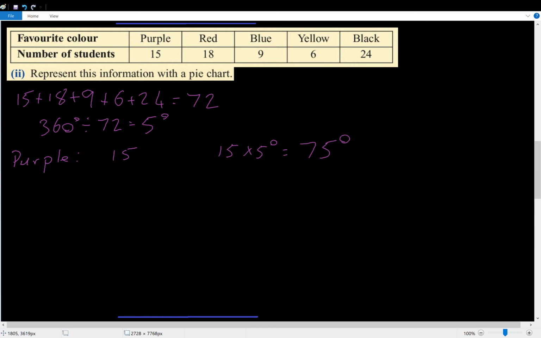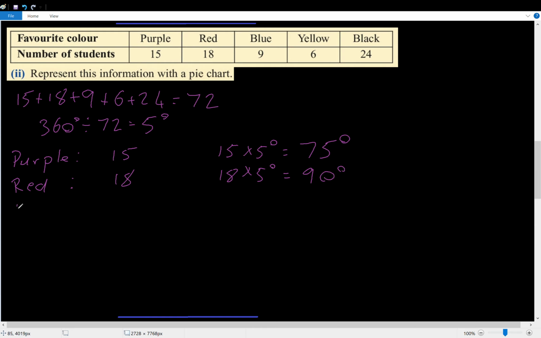So the section on our pie chart representing purple will have an angle of 75 degrees in the middle of it. Do the same thing for red. So red has 18 people, which means we're going to multiply 18 by 5 degrees. And when we do that, we're going to get 90.